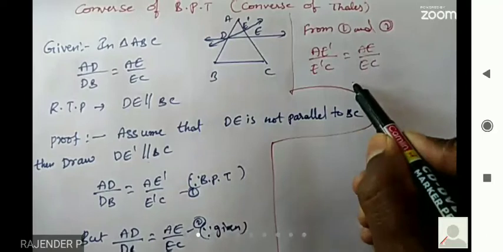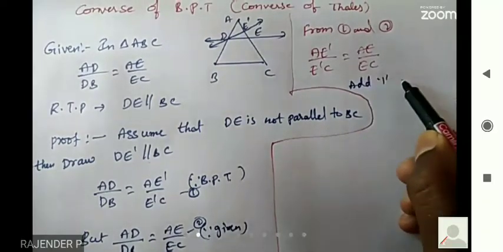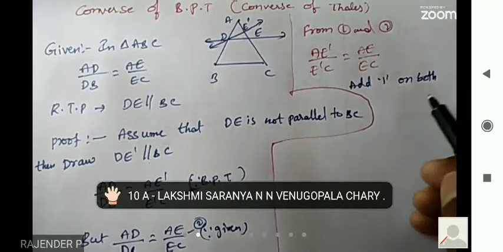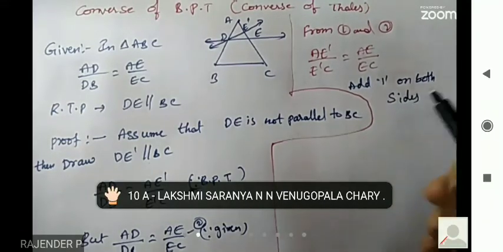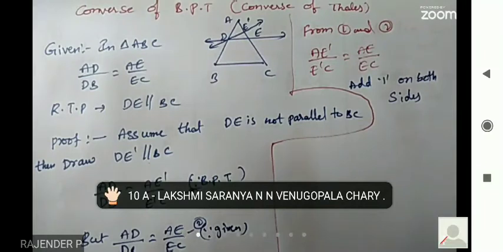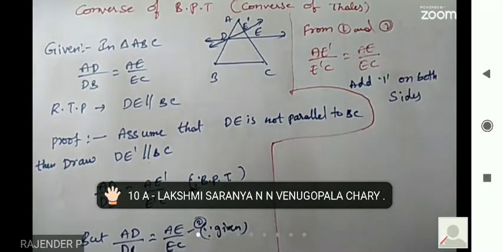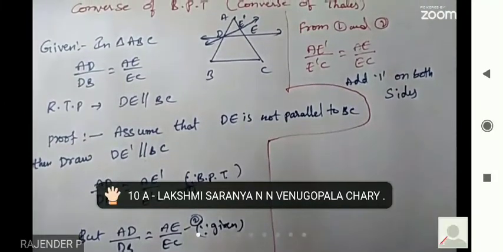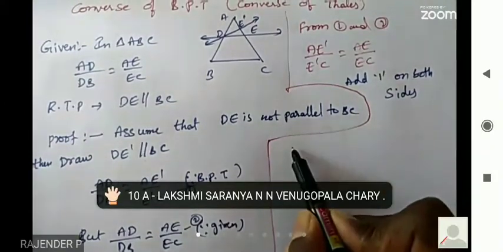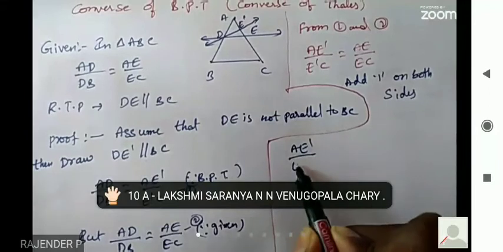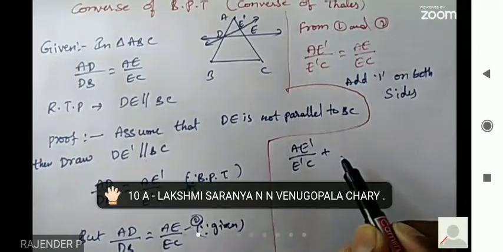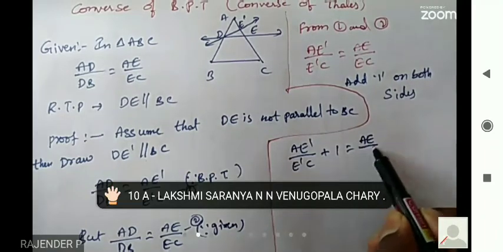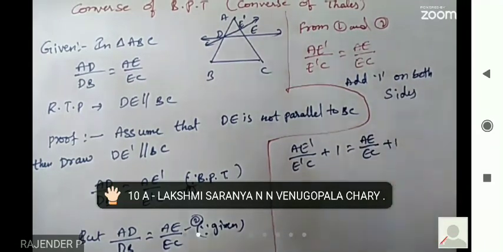Now add 1 on both sides. When we add 1 to both sides, AE dash by E dash C plus 1 is equal to AE by EC plus 1.